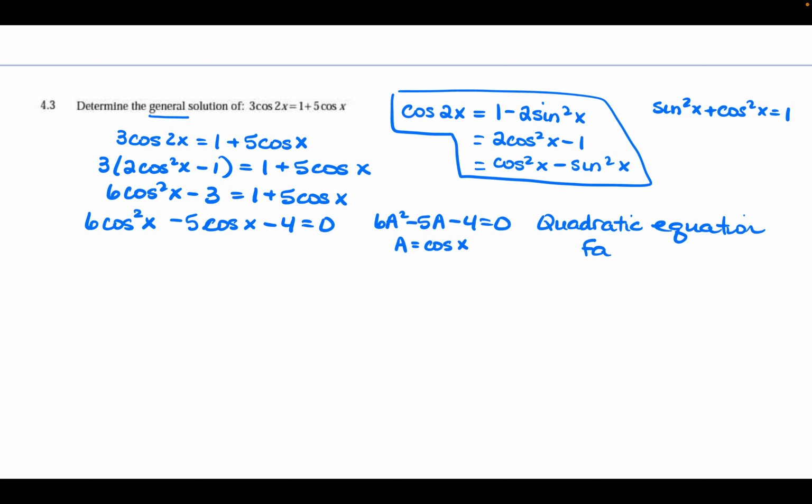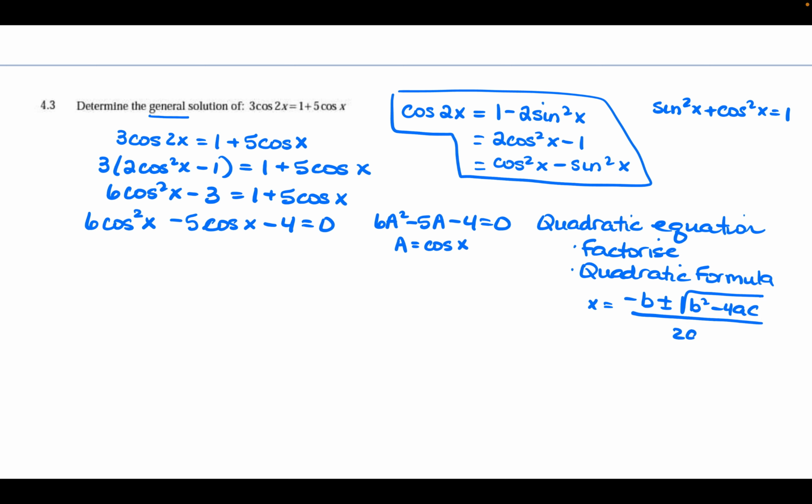You have a lot of methods to solve a quadratic equation. You could factorize and set each factor equal to 0. You could use the quadratic formula, which you know is the opposite of b plus or minus the square root of b squared minus 4ac all over 2a.